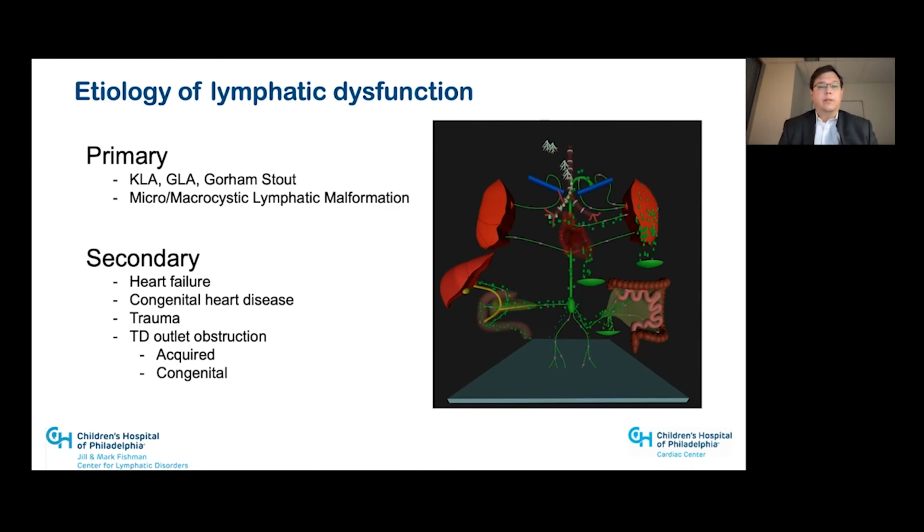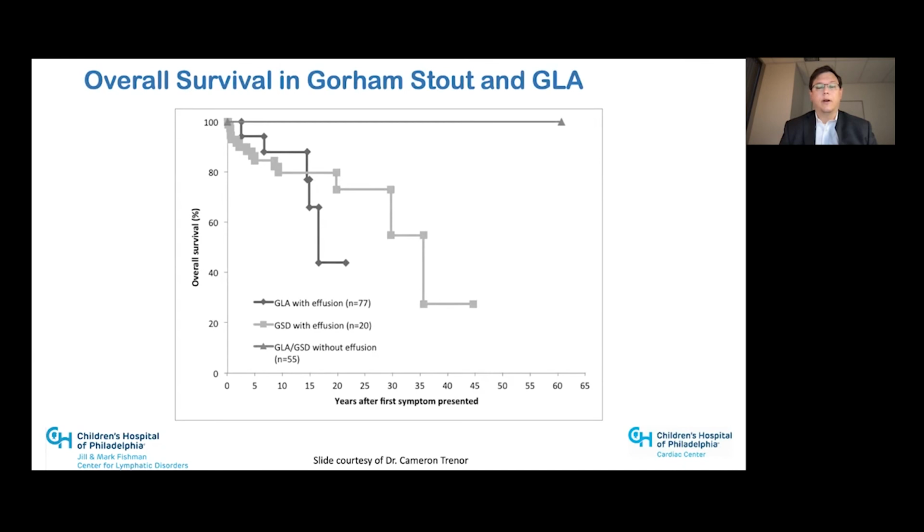The reason this is extremely important in complex lymphatic anomalies is that there is data suggesting that if you have one of these anomalies and you have signs of lymphatic dysfunction, such as pleural effusions, this can significantly reduce overall survival in these patient populations.